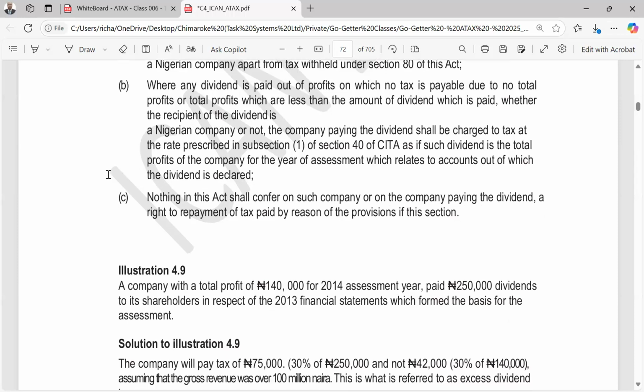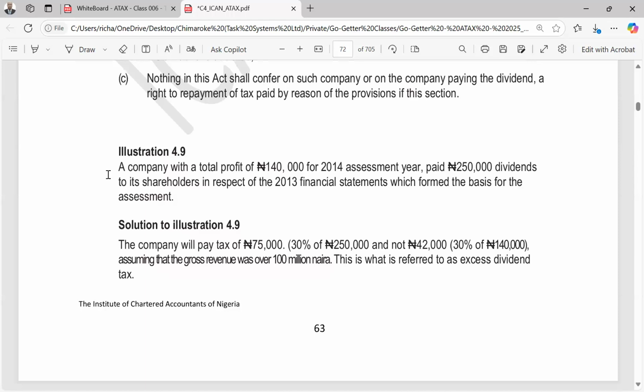Now let's look at this question. A company with a total profit of 140,000 for the 2014 assessment year paid 250,000 naira dividend to its shareholders in respect of the 2013 financial statement, which forms the basis of the assessment.